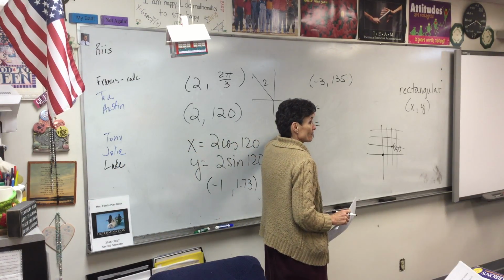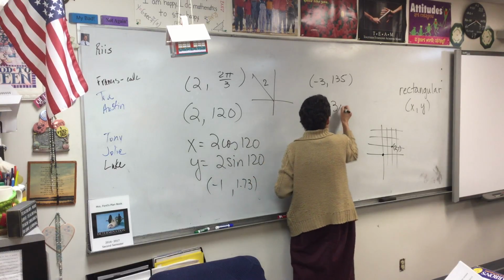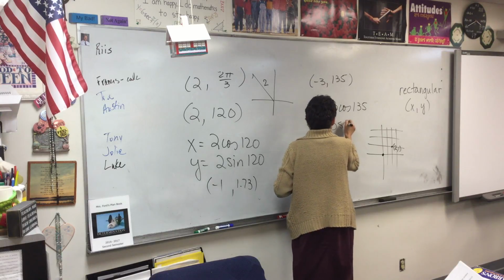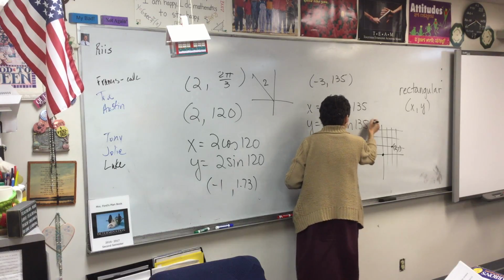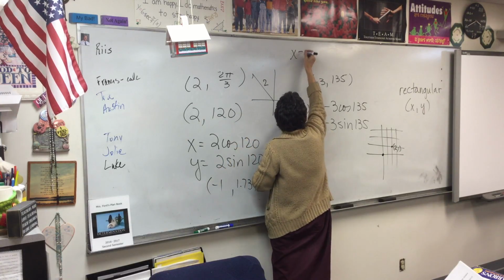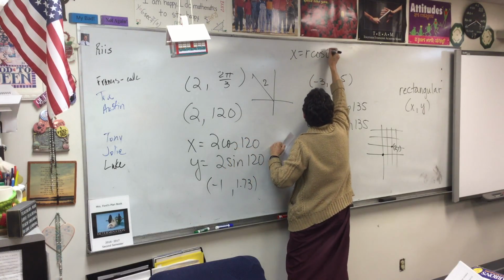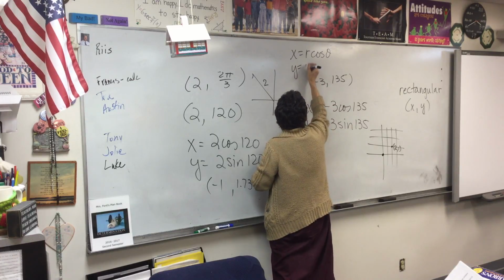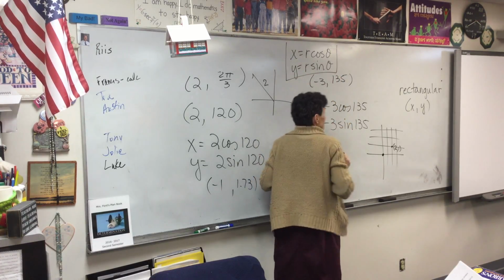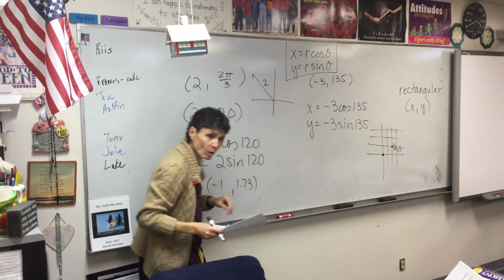Okay? So what's x and y going to be here? What's x? Negative 3 cosine 135. And y is negative 3 sine 135. If you need something to write down to remind yourself, x equals r cosine theta and y equals r sine theta. These are your general formulas that you're supposed to know already.